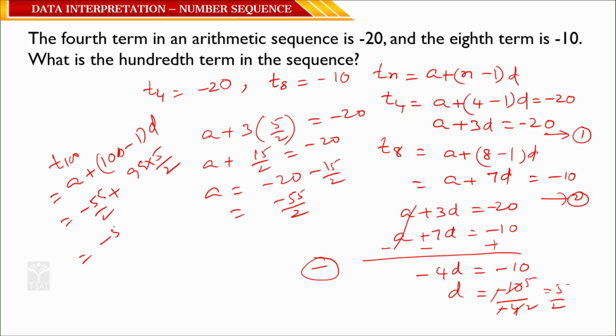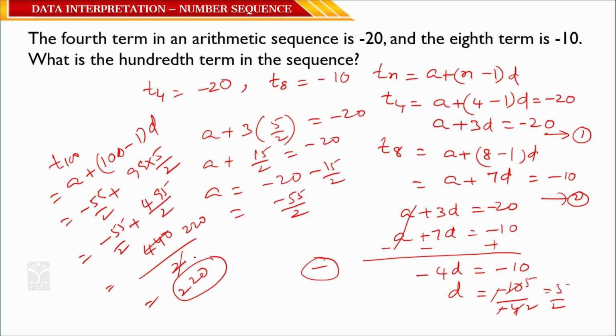Minus 55 by 2 plus 99 5s, which means 495. So 495 by 2, where 2 is the LCM, means 495 minus 55, which is 440 by 2, which is 220. 220 is the 100th term in this sequence.